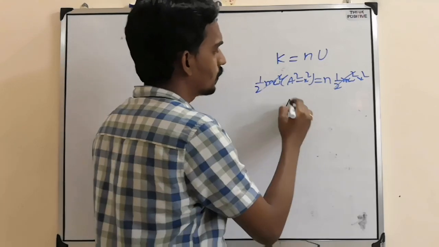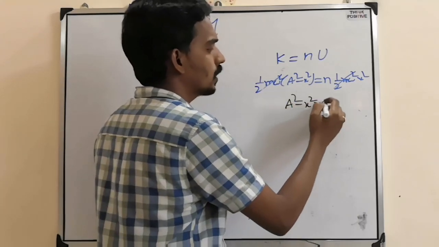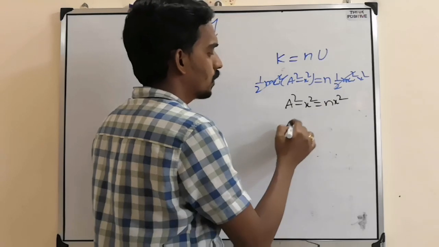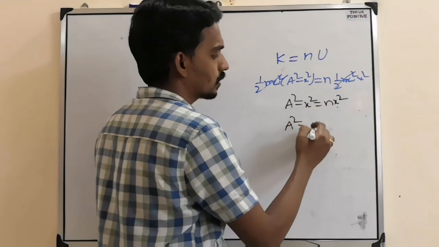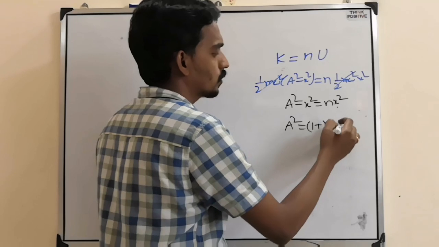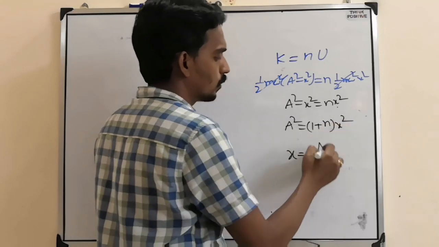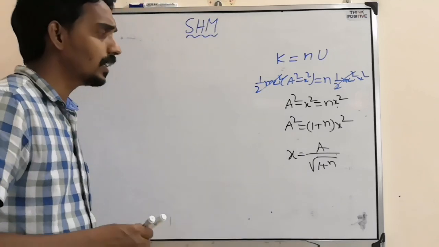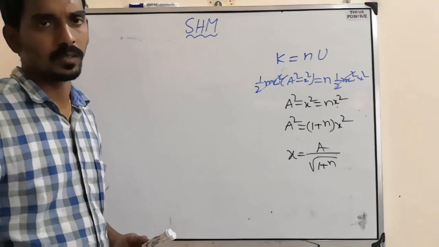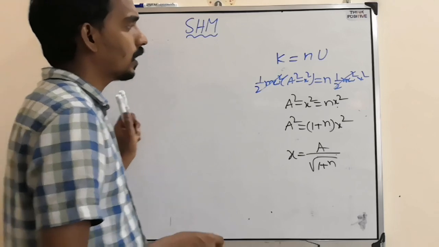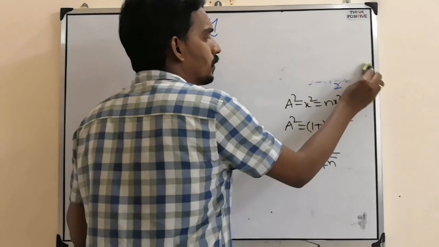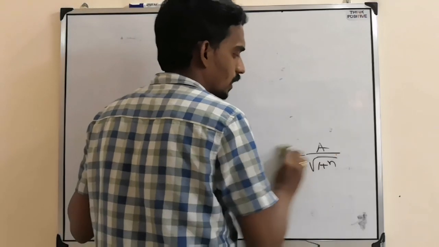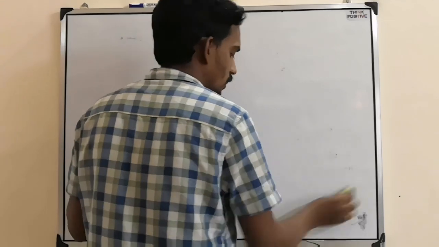Then a square minus x square equals n x square. So a square equals (1 plus n) x square, then x equals a by root (1 plus n). Like that you can take one general formula also. So depending on the relation between kinetic energy and potential energy, they can ask you questions.